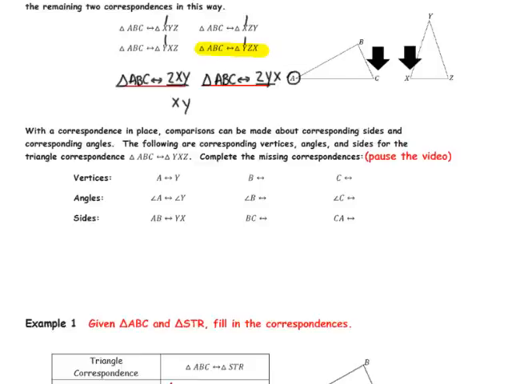So this is vertex A, this is vertex B, and this is vertex C. Angles include the sides. So this is angle A, this is angle B, and this is angle C. The sides include the segments between the angles. So this is side AB, side AC, and side BC.